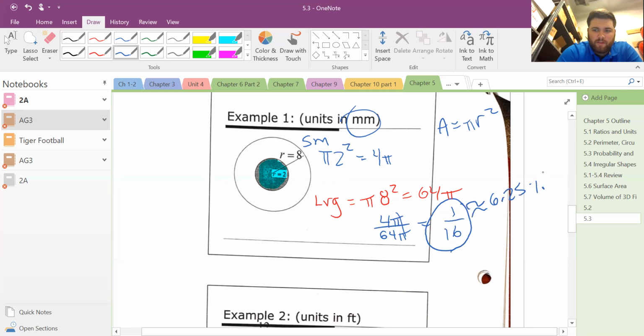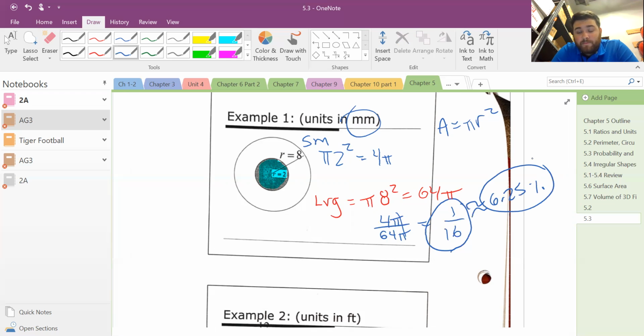Just move the decimal place over twice. That's not great. Not a very good dart thrower. You only got roughly a 6% chance of making it.